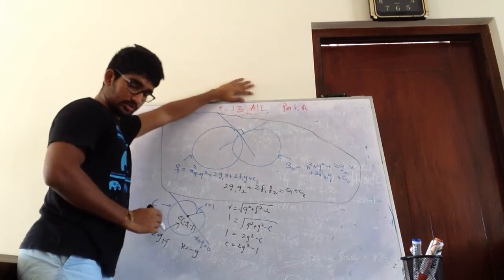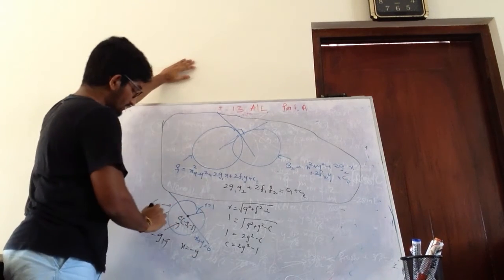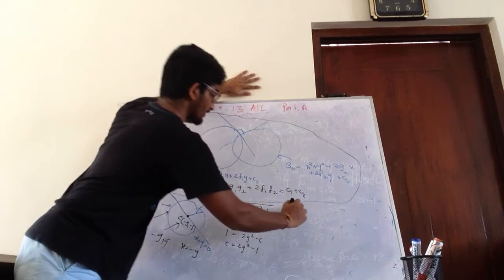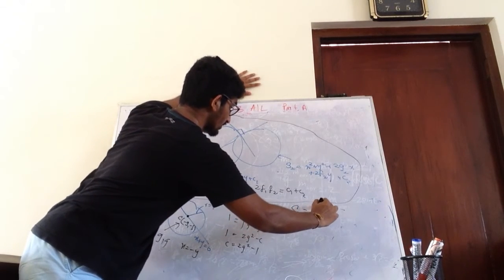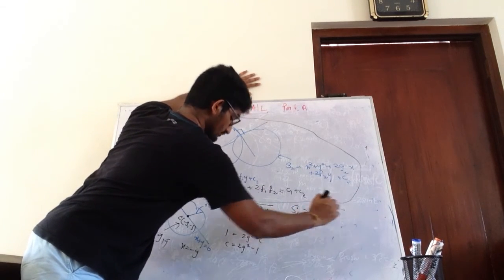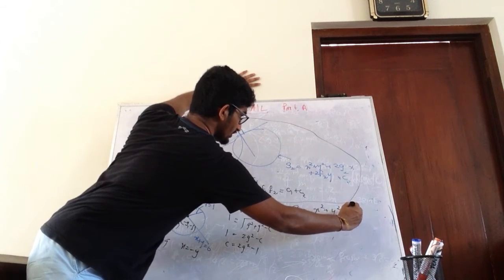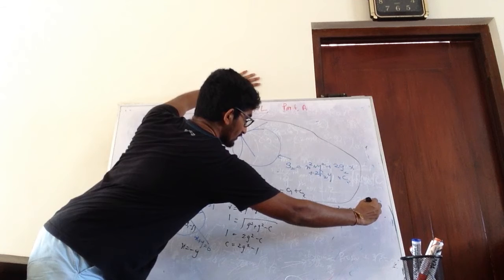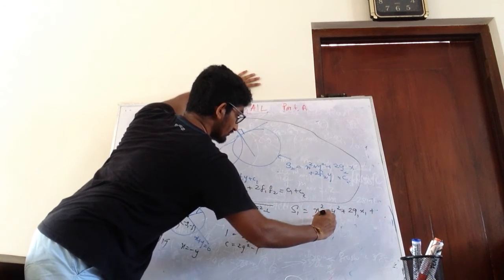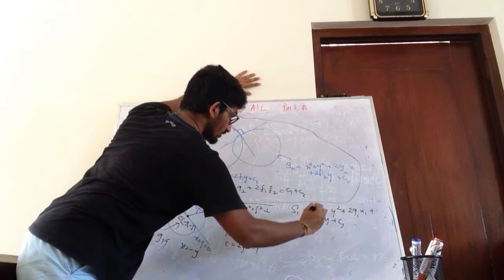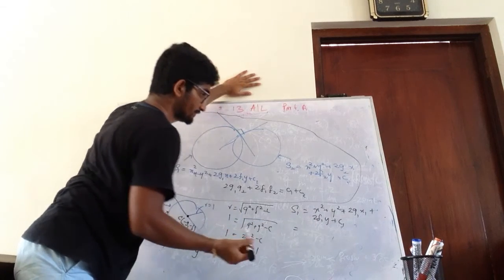So let's take this as S1. You can write S1 as x square plus y square plus 2g1x plus 2f1y plus c1.